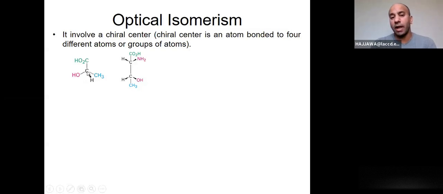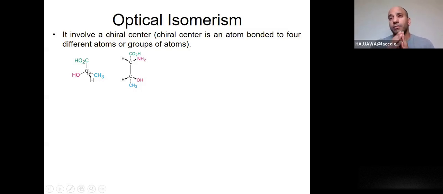I could see here that I have a carbon attached to an oxygen, attached to a hydrogen, attached to another carbon, and attached to a 4th group that is a carboxylic acid. So I could view the 4 groups that are connected to this carbon, and I can see clearly that these 4 are different atoms or groups of atoms. And that's what makes this carbon in the center a chiral center.